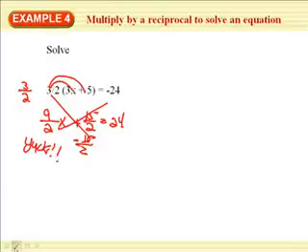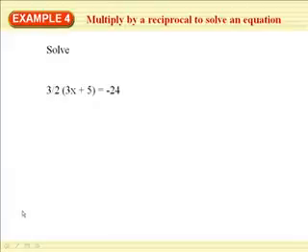So what you can do, and this only works when you are multiplying on the outside by a fraction, and there's nothing else except the parentheses next to it, we can get rid of this 3/2 first, and you get rid of the 3/2 by multiplying by its reciprocal. Remember, think of the 3/2 being written this way. And if you multiply this side by the reciprocal, you still have to treat them equal.